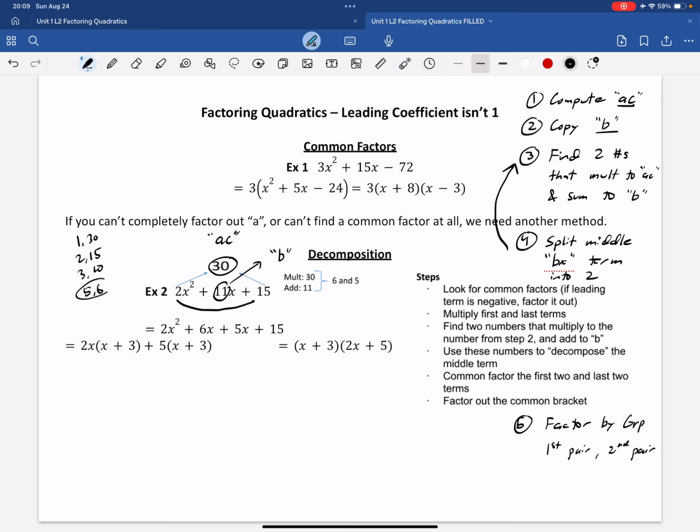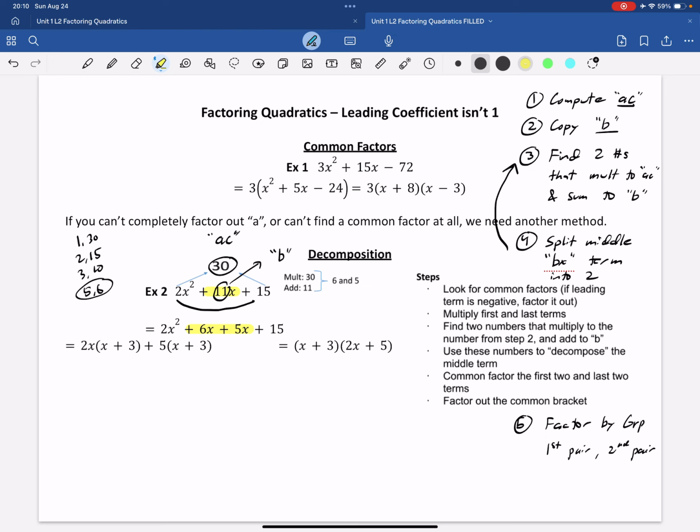So that right there is getting our step 3. And then, let me get a highlighter. Now we're going to split the positive 11x into plus 6x plus 5x. Guys, it doesn't matter the order that we do it. I'll actually do it the other way and show that we get the same result.